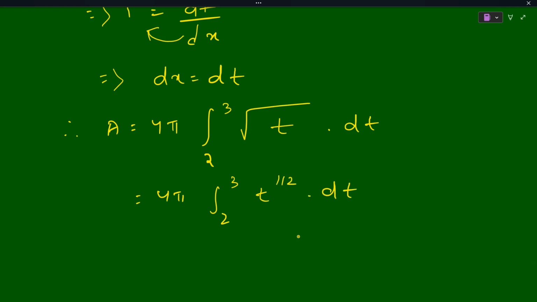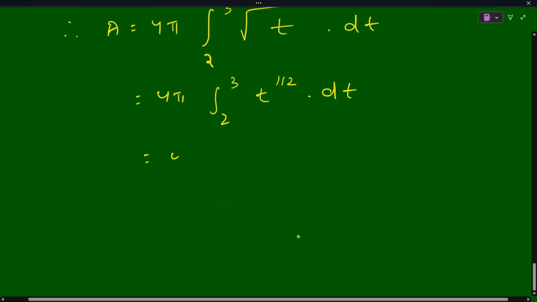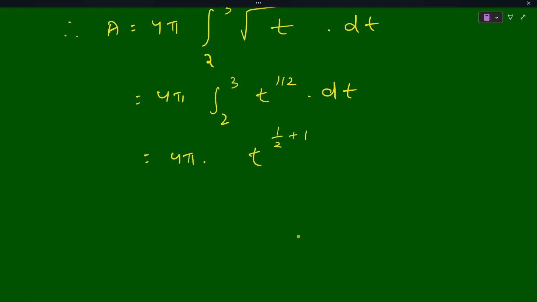Now see, I can write this root t as t to the power half, and the integration of t to the power half would be t to the power half plus 1 by half plus 1.